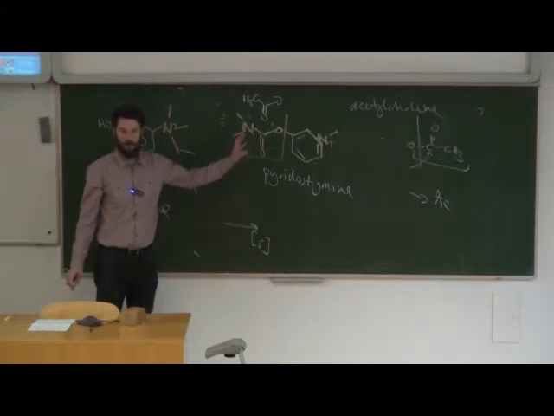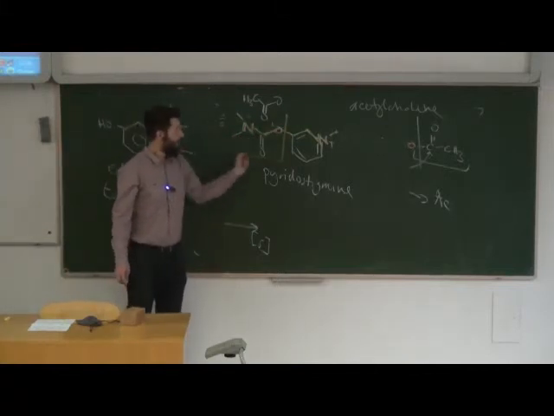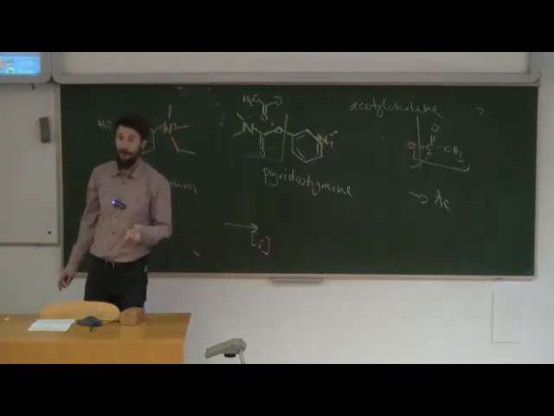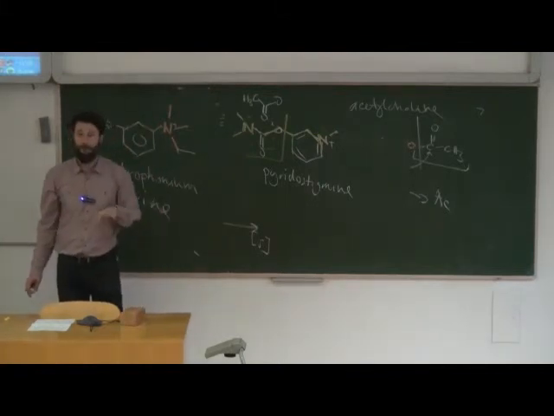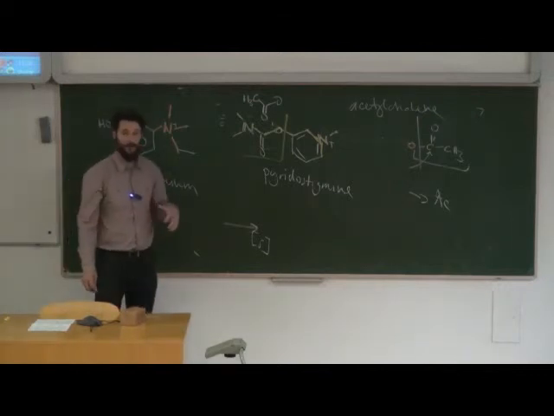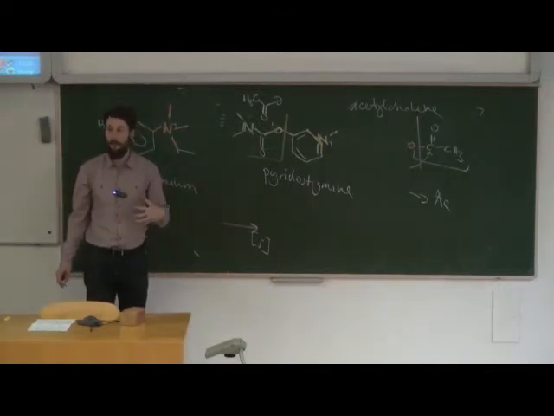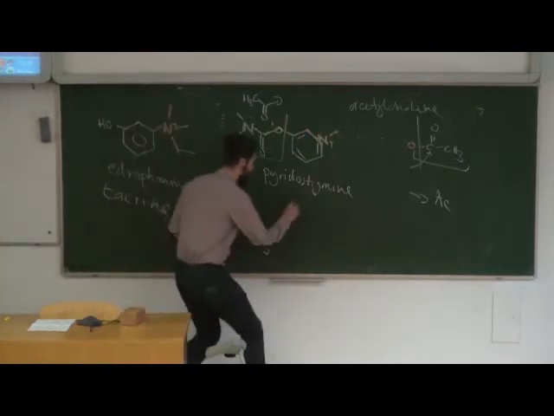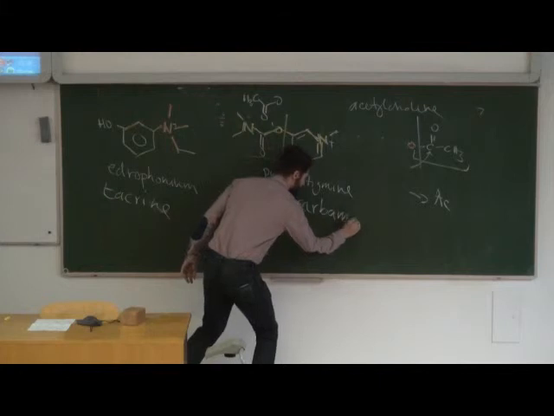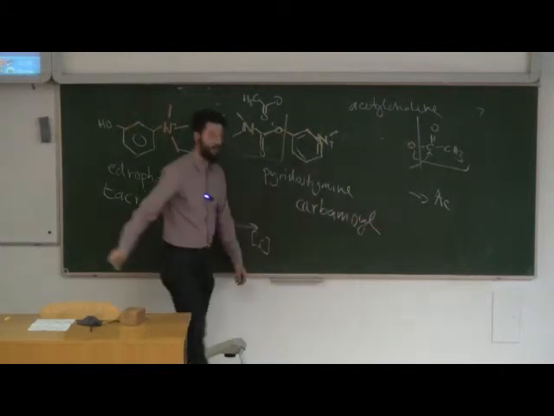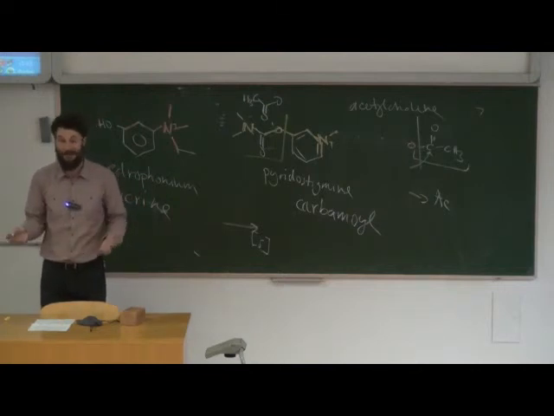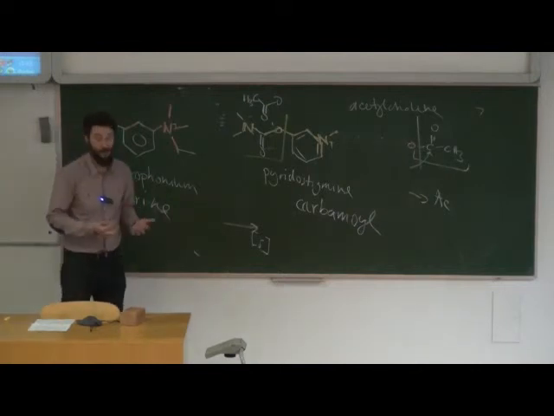But otherwise it looks quite similar. Now, this new group is derived not from acetic acid, it's derived from another acid which is called carbamic acid. So this group is not acetyl, but it's carbamoyl. It's a carbamoyl group. That's how it is, okay? It's called carbamoyl.